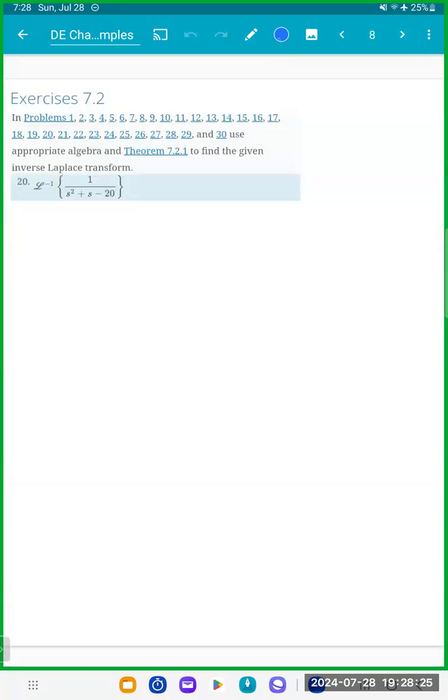Still working with inverses. We can actually factor this denominator. That gives me s minus 4, s plus 5. So when we're looking at our inverse Laplace transform, that is going to be 1 over s minus 4, s plus 5.